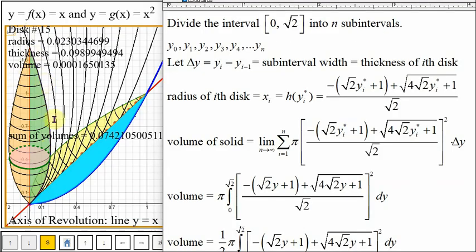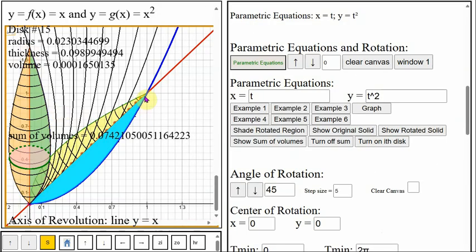And now, just like before, to find the volume of this solid of revolution, we'll divide it into an infinite number of disks. And so we'll divide the interval from 0 to the square root of 2 into n subintervals. Notice that the original point right here is x is 1, y is 1.